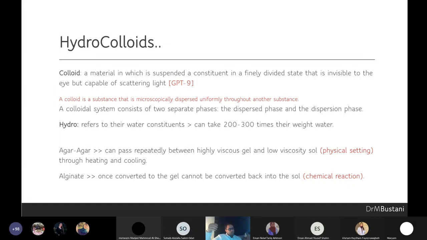You can read out the definition from the GPT. When it's called hydro, that means that one of these two materials is water. Usually the water is the dispersion phase, and the dispersed material is the alginate, or agar in the case of agar.